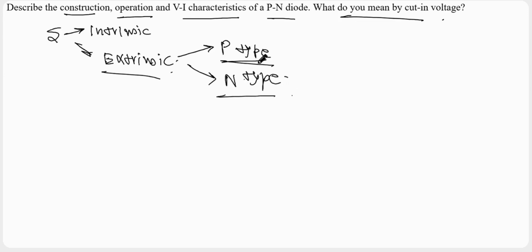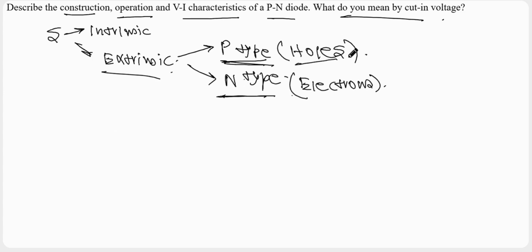In the P-type and N-type semiconductors, we use different kinds of doping. In the P-type semiconductor, there is an abundance of holes. In the N-type semiconductor, there is an abundance of electrons, because the dopant used in the N-type semiconductor is a pentavalent atom.